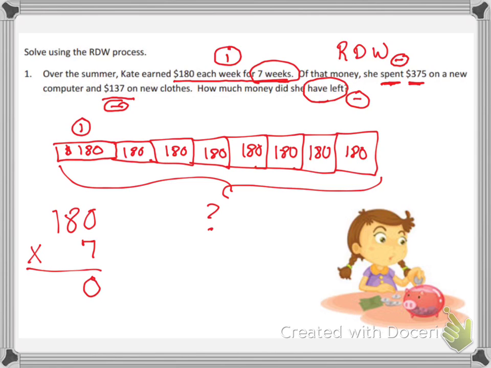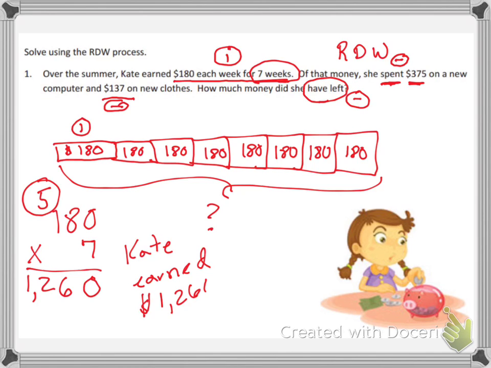In the tens, there's an 8. 8 times 7 is 56. So I put the 6, I carry the 5. In the hundreds, we have a 1. 1 times 7 is 7, plus the 5 is 12. So Kate earned $1,260 for 7 weeks.